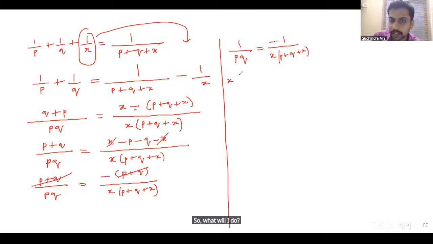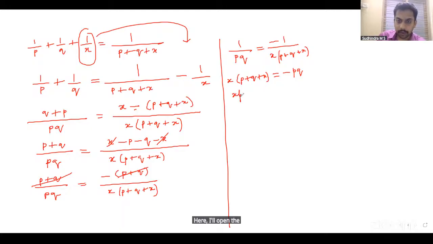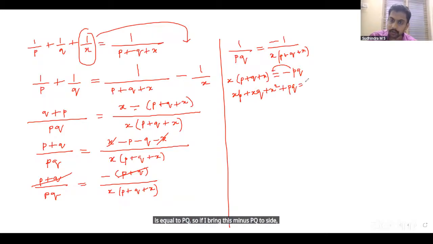Cross multiply. X into P plus Q plus X is equal to PQ into minus 1, minus PQ. Here, I'll open the brackets: X into P plus X into Q plus X square is equal to minus PQ. If I bring this minus PQ this side, I get plus PQ is equal to 0.